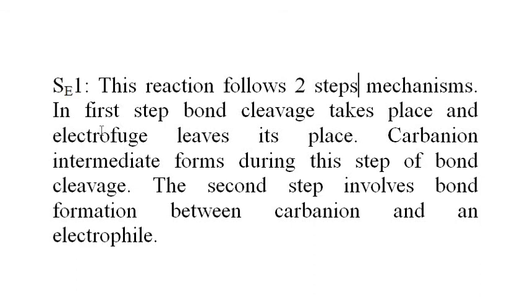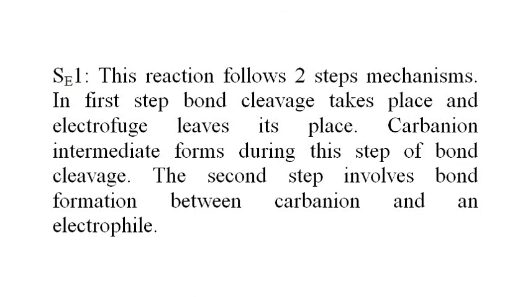The first step involves bond cleavage and the other step involves bond formation. In the first step, bond cleavage takes place and the electrofuge leaves its place. A carbanion intermediate forms during this step of bond cleavage. The second step involves bond formation between the carbanion and an electrophile.